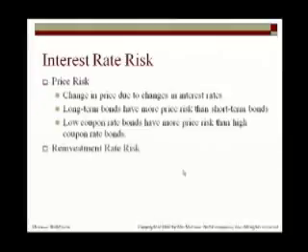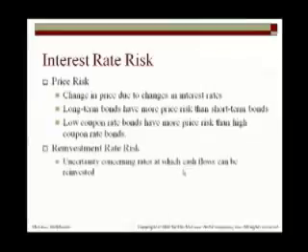And then we have reinvestment risk. Here's the problem with bonds. When you buy a bond, every 6 months or every year, you're going to get a coupon payment, and you have to do something with those coupon payments. If you just take them and spend them, you will not get the yield to maturity that you expected. So you're going to have to reinvest them. And if after you buy the bond, interest rates go down, you're going to have trouble reinvesting the coupon payments at a rate that's big enough.